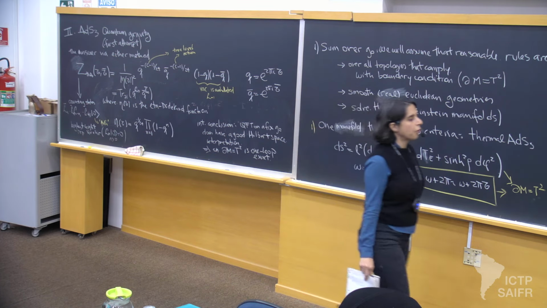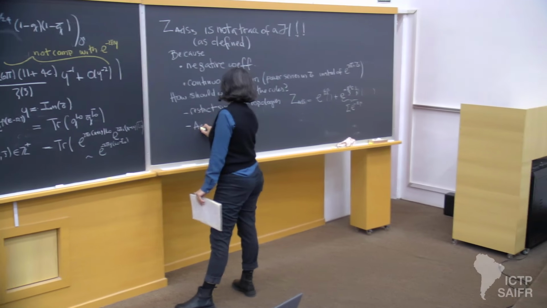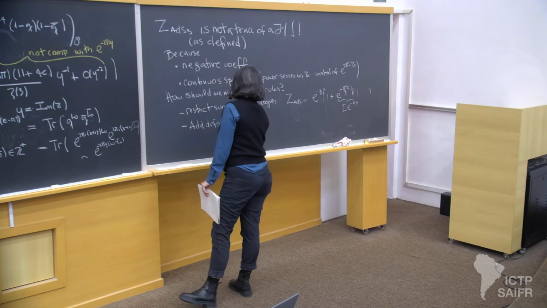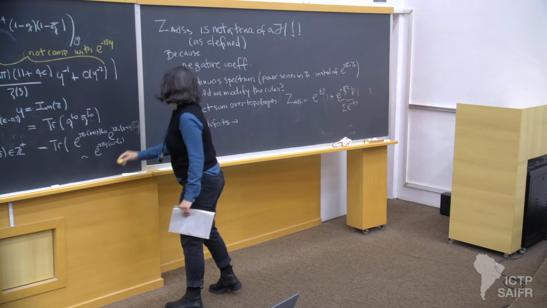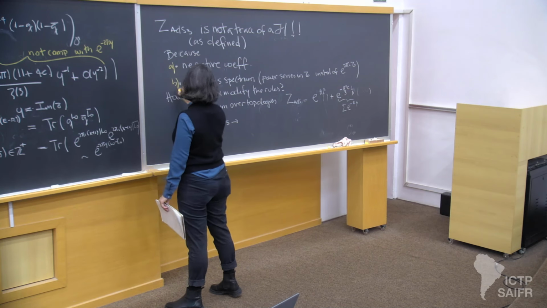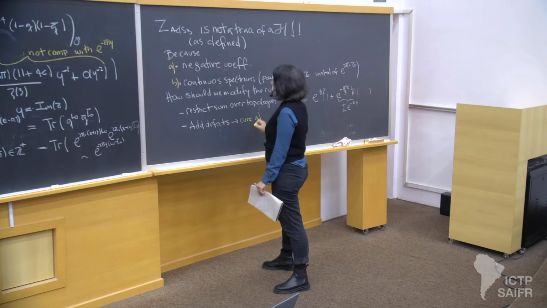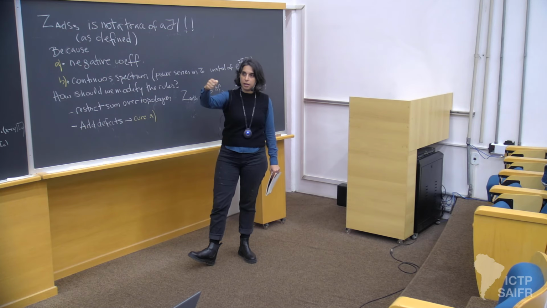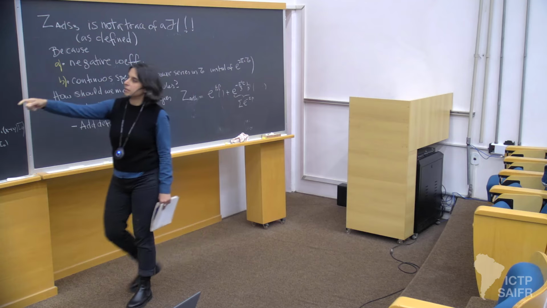If you add defects, then you get rid of, let me call this one problem A and this one problem B, it cures A. You can add singular solutions, and in particular, you only need to add a finite number of conical defects to get rid of this -6.